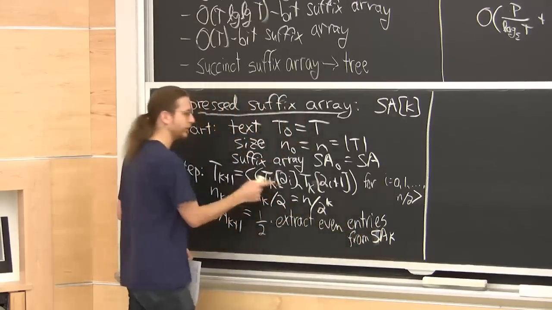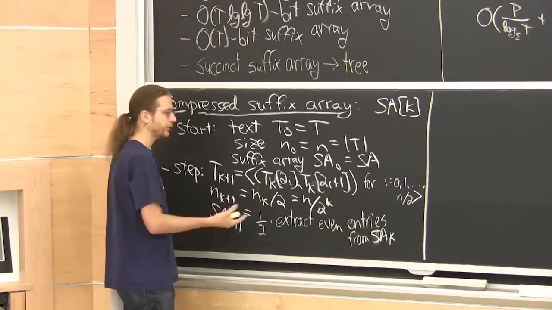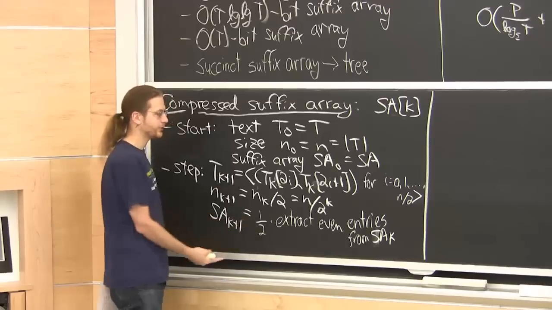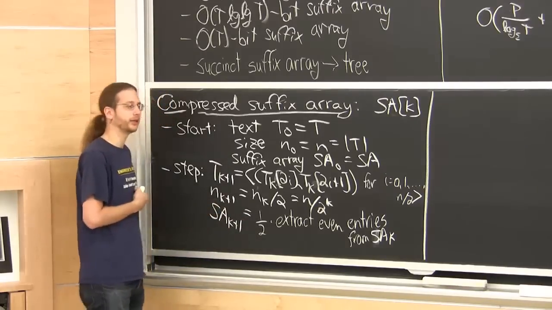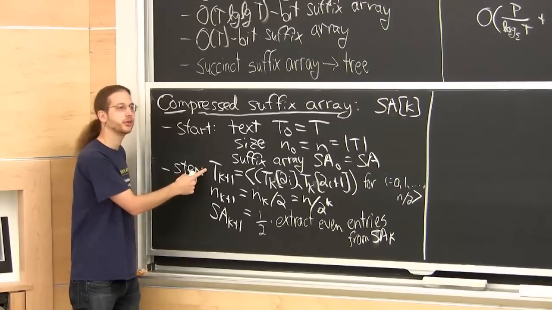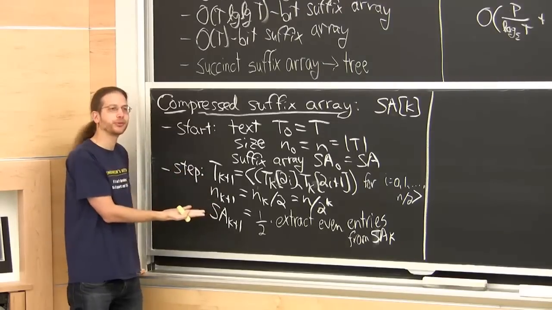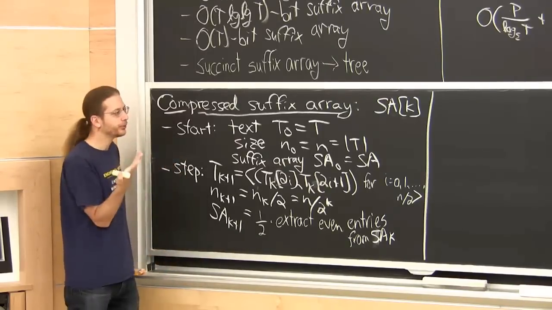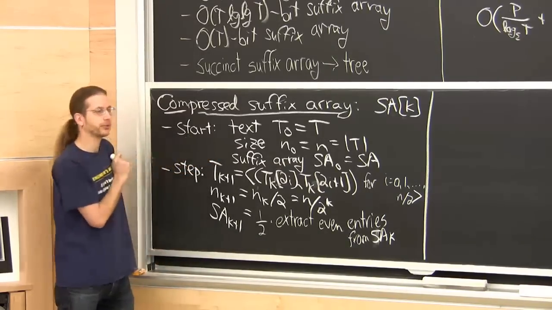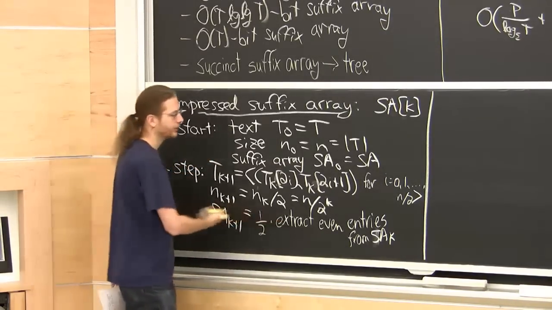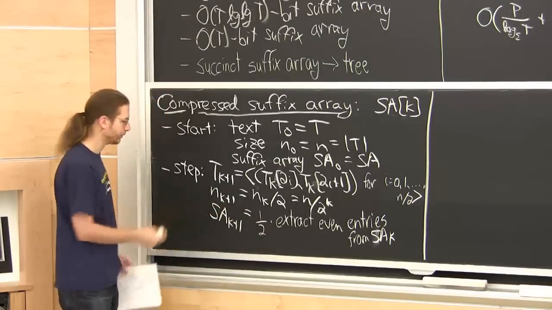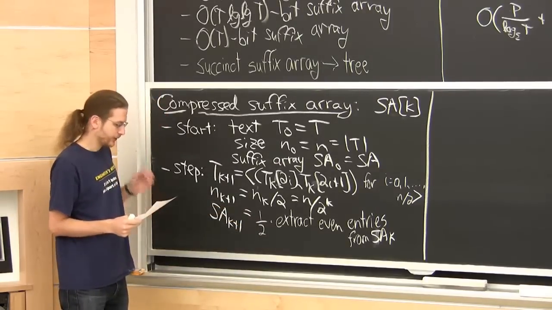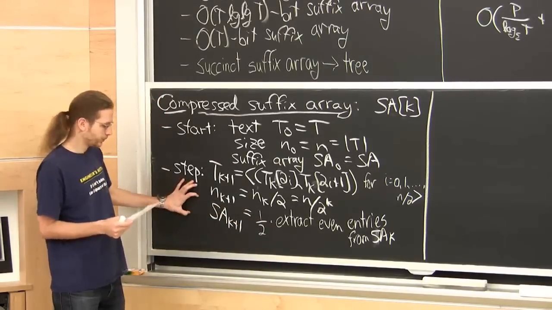Those are the ones that are existing suffixes. Extract those, divide by 2. That will be the suffix array of this text. Okay, this is backwards from how you would construct the thing. You would construct it bottom up. But here we're imagining we already know the suffix array, it's just about representation. So this is a top-down kind of definition of what we're trying to store. Okay, so this is what we want to do.